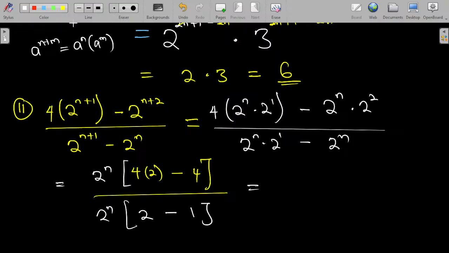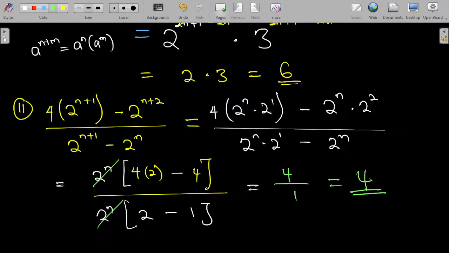So the 2 to the power of n will cancel themselves, and I just have 4 times 2, which is 8, minus 4 is 4, all over 2 minus 1 is 1, and that means our solution is 4. This is just beautiful. Our solution here is 4, and that is the answer for number 11.